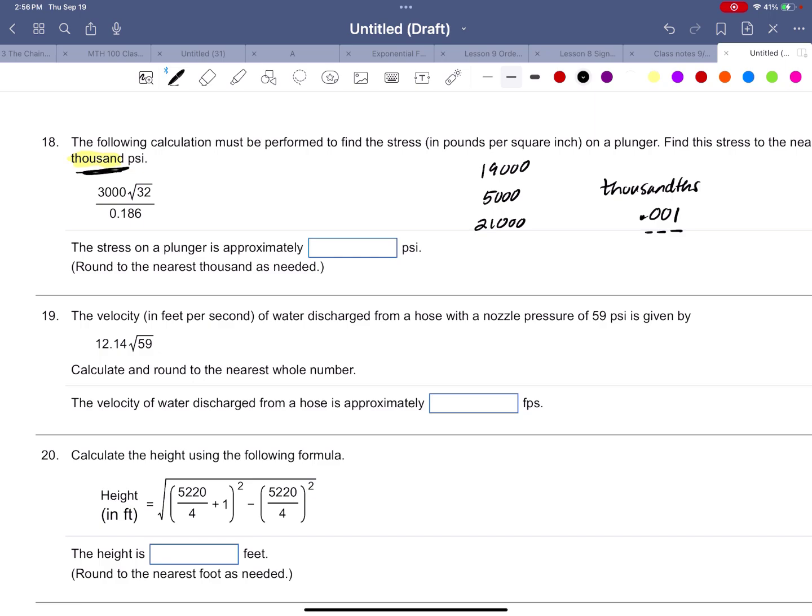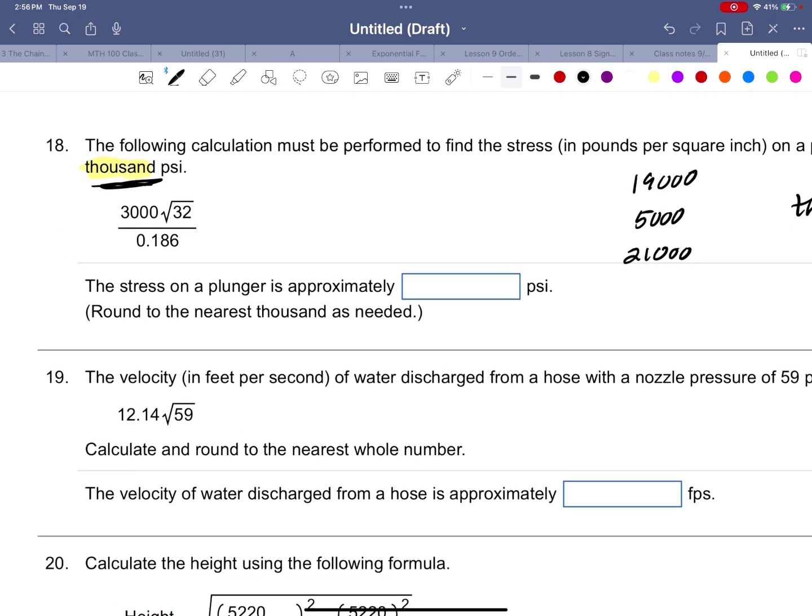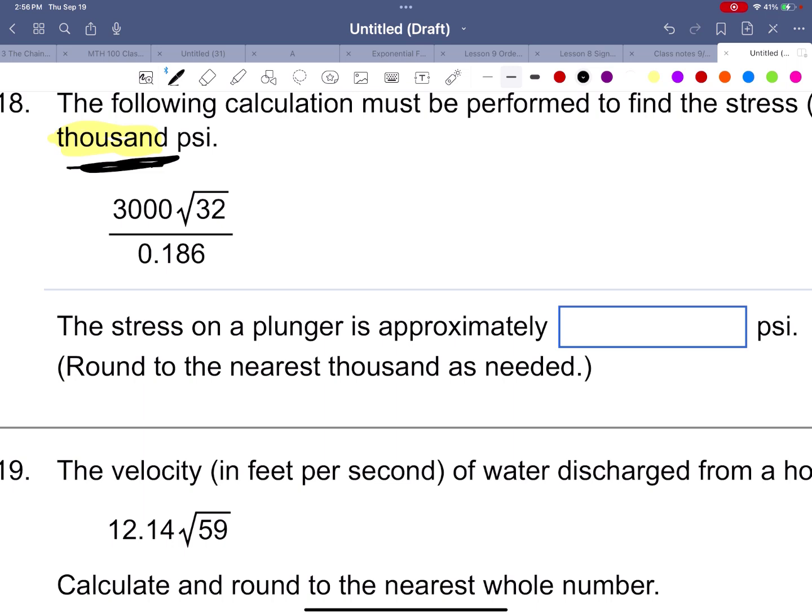So be sure you pay attention to that. It's easy to miss. So I have several operations here in my numerator. I have 3,000, and this means times, okay? Even though it's not written in there, whenever you have a number beside grouping symbols, it's always multiplication. And I'm going to have to get an approximation for that square root of 32, so I'm going to put the squiggly equal sign, which is the approximate sign.